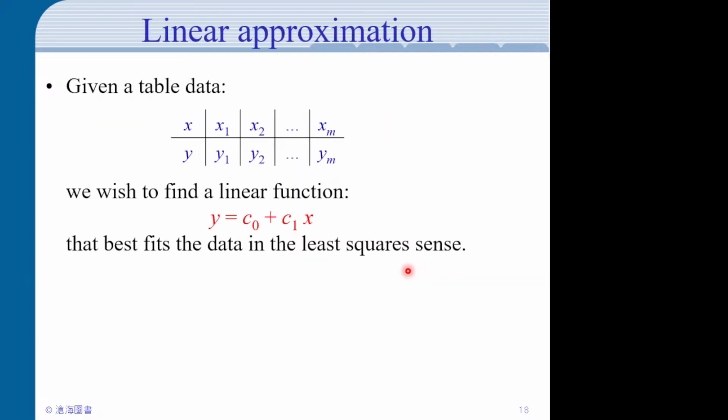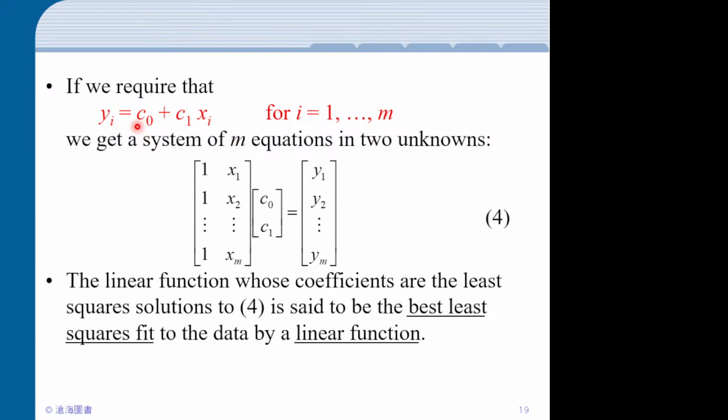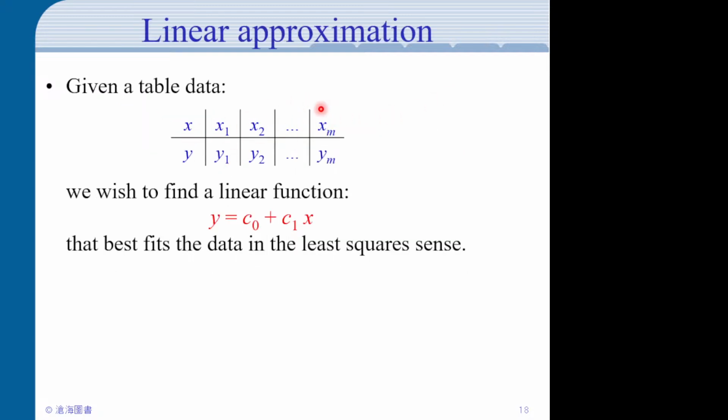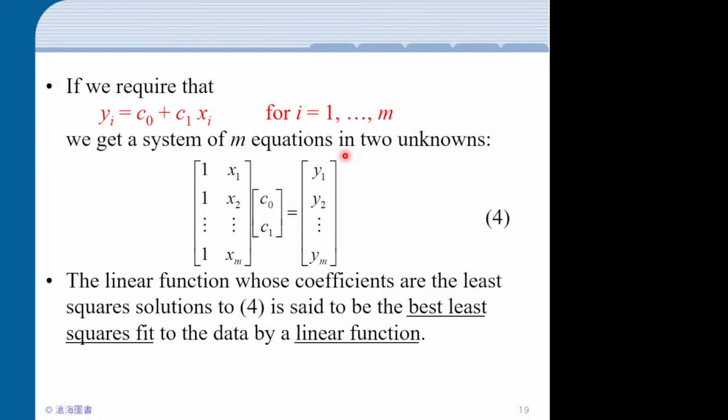How this works is that we write for every y: y = c0 + c1x. So for every yi here, it needs to be equal to c0 + c1xi, for all n data points, i from 1 to n. You can write this as a linear system of equations with this matrix. So you want to solve for c0 and c1.